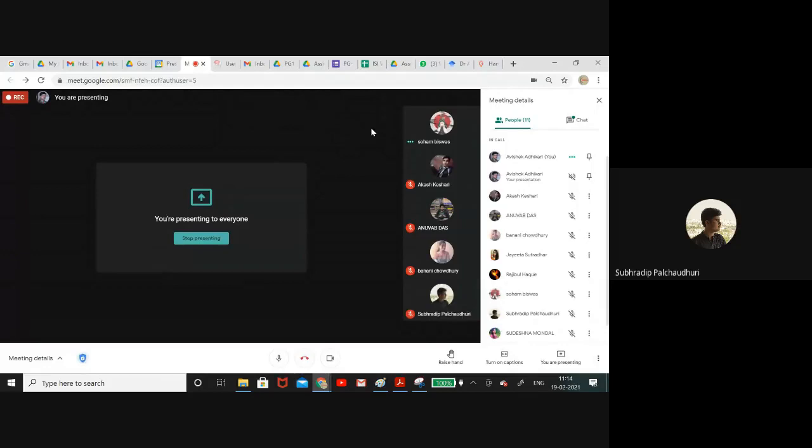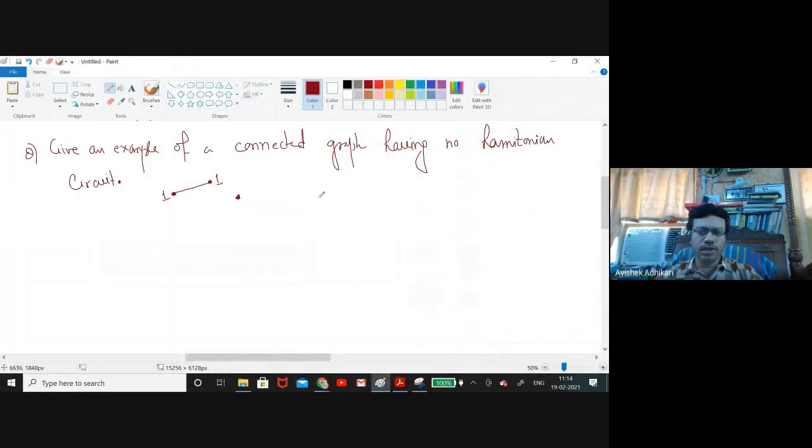So what he says is that any connected graph having a degree 1 vertex will not have a Hamiltonian circuit. For example, suppose I have this.